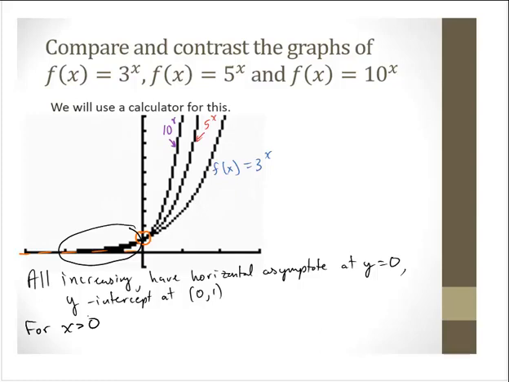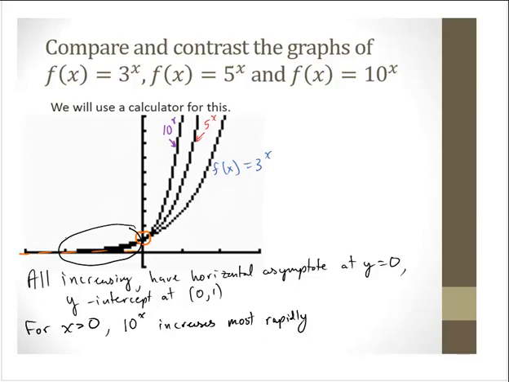When x is positive, notice that 10 to the x increases most rapidly. All right, 10 to the x is increasing the fastest. Then 5 to the x, and then 3 to the x.